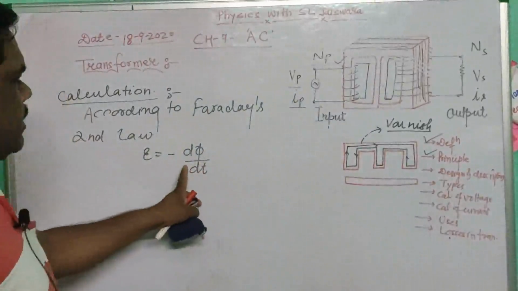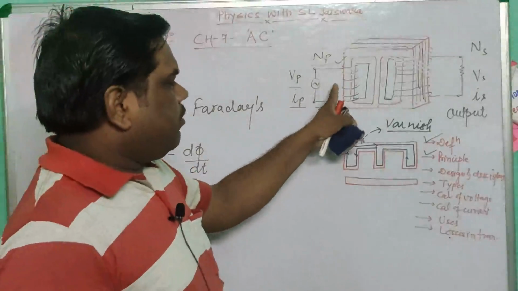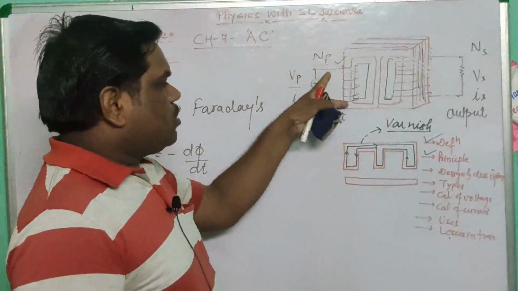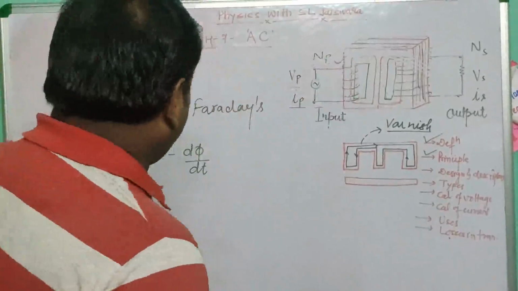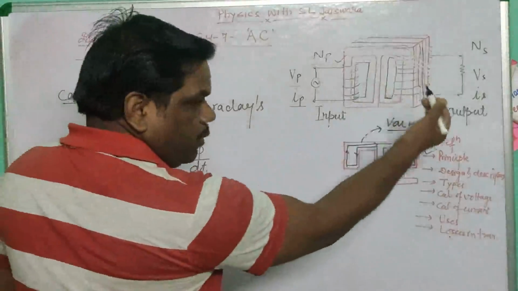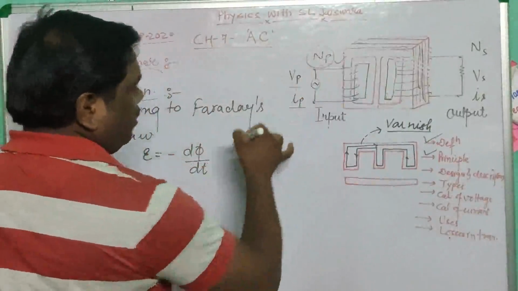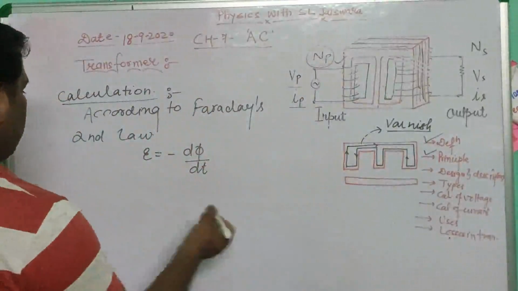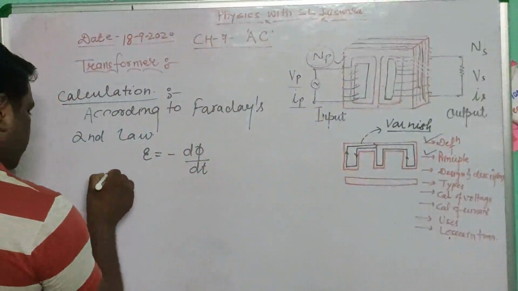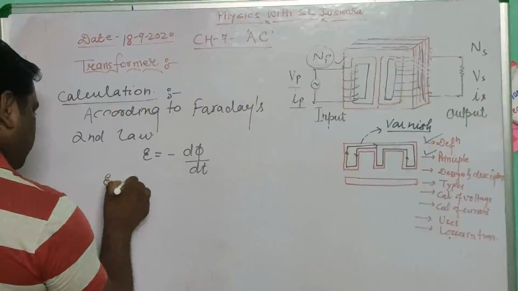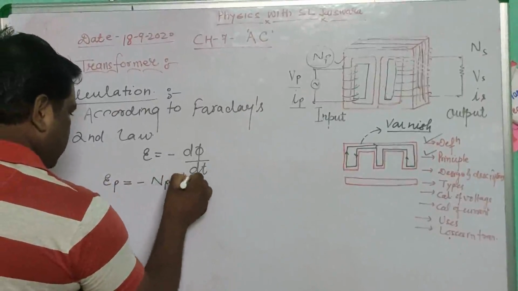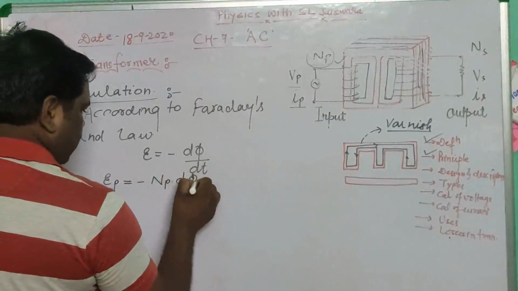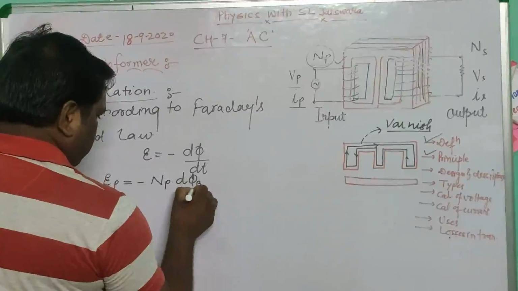So as per this law, the EMF induced, or you may say the applied EMF across the primary coil having number of turns NP, will be equal to eta primary equals minus NP d phi B upon dt.